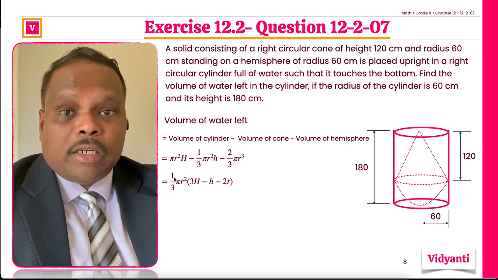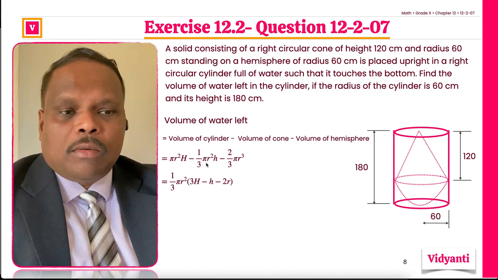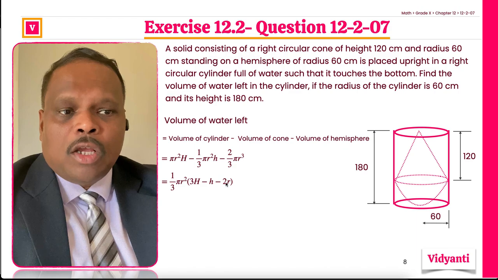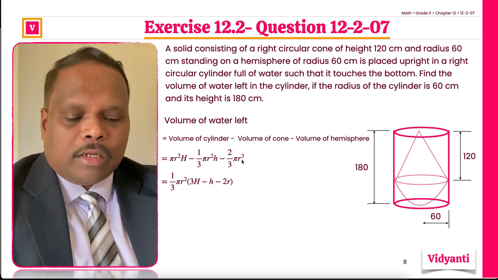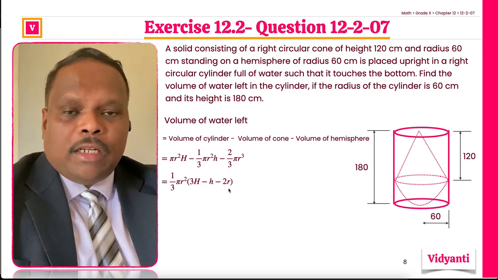If you are not comfortable taking 1/3 outside, leave it inside, absolutely no problem. If you take 1/3 and pi r square common, you will have h remaining, and then 2 remaining, and then 1 power of r will still remain. So in the bracket you will have 3H minus h minus 2r.